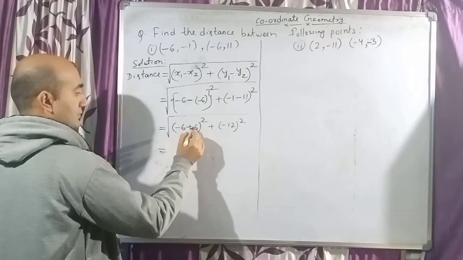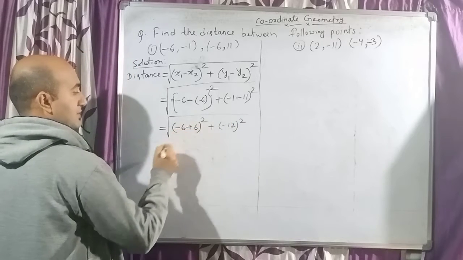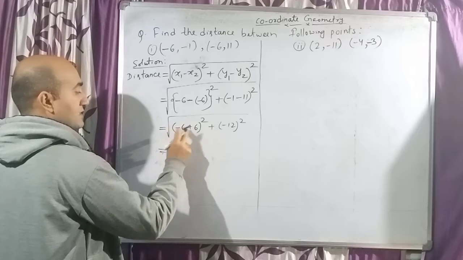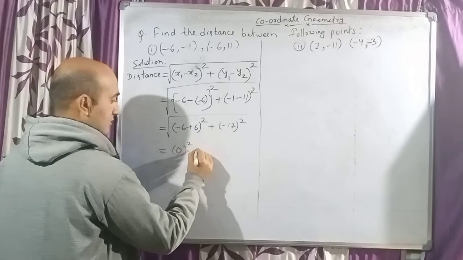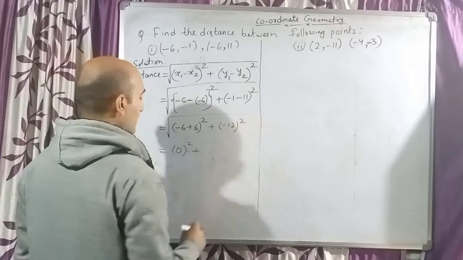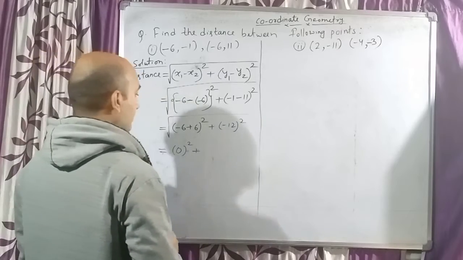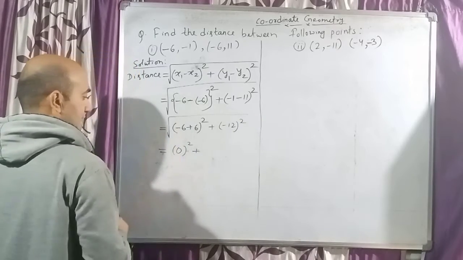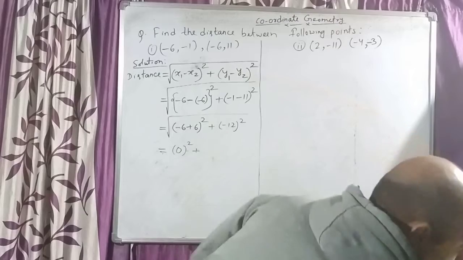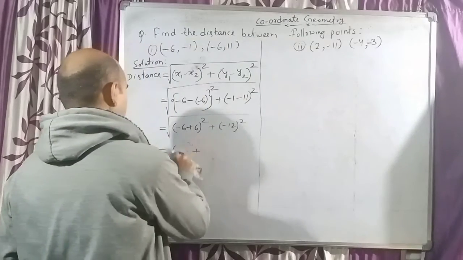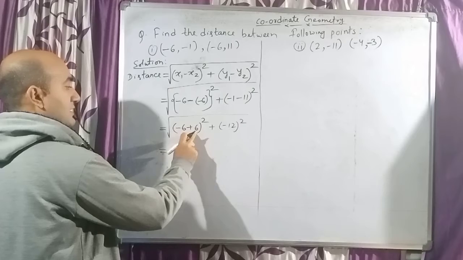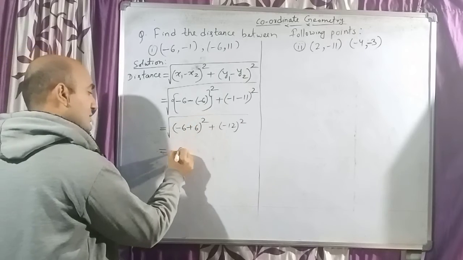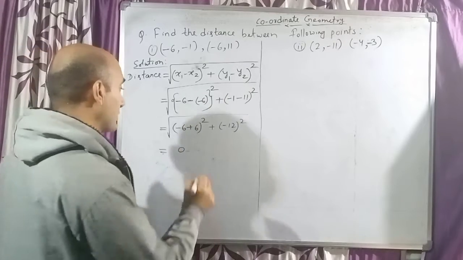Children, one thing here, minus 6 and plus 6 is 0, 0 whole square plus minus 12 whole square. And let me just remind you children, as we know, minus 6 plus 6 is 0 and 0 whole square is 0. This much step we can jump, no issue.